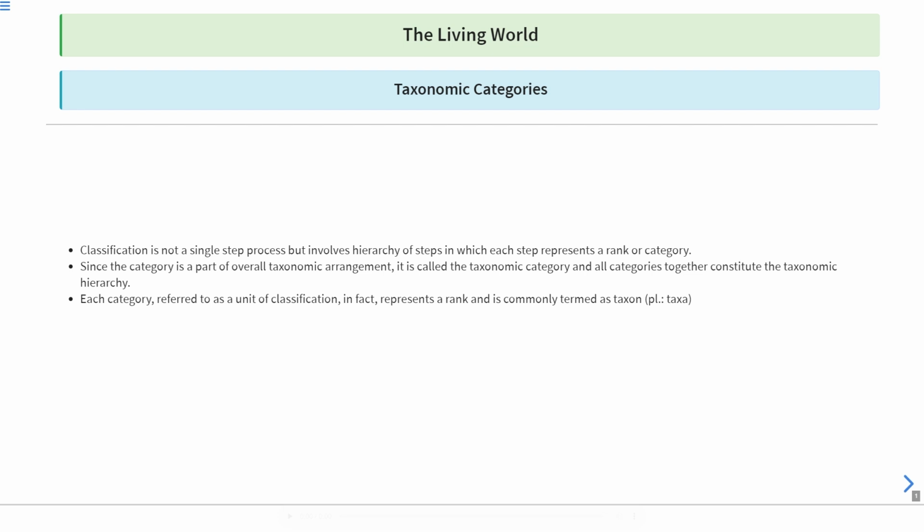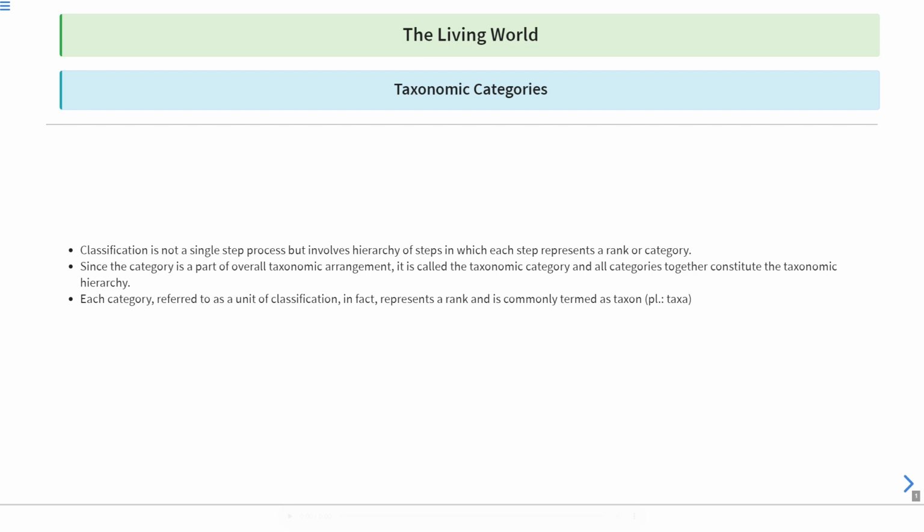Then comes the family, which is also a unit of classification. So each category or each rank is referred to as a unit of classification. Everything is important. Species is important, genus is important, family, order, class, every step is important.